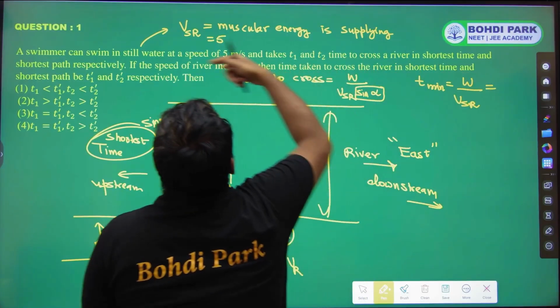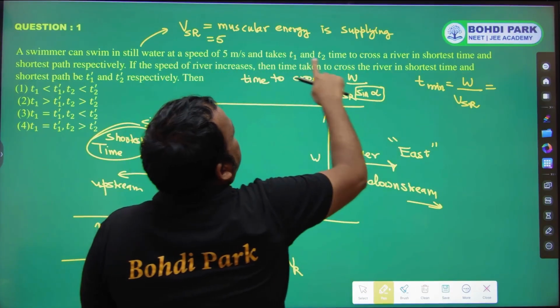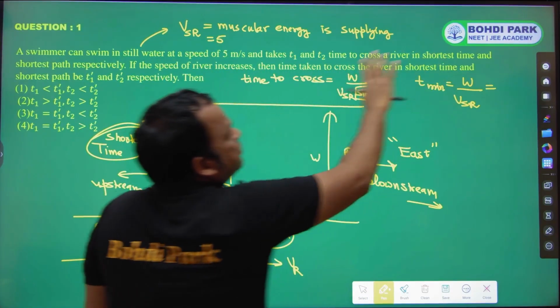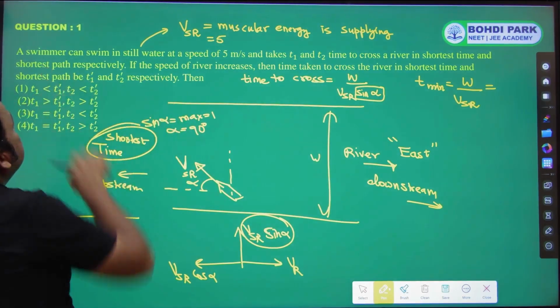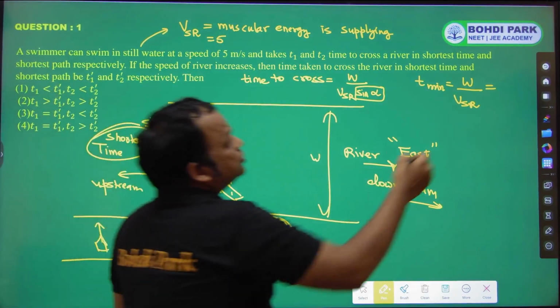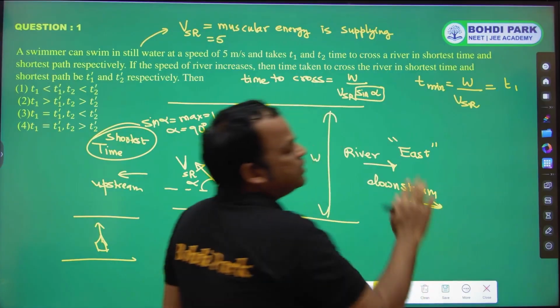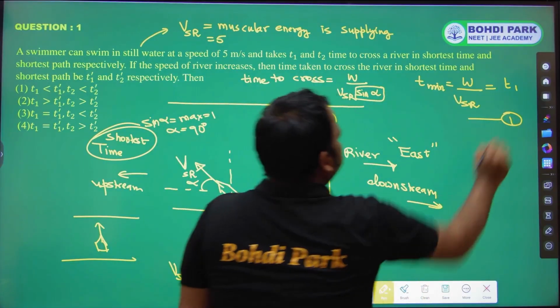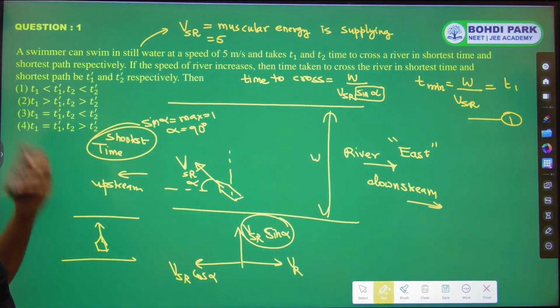This is given as T1, where T1 and T2 are the times to cross the river in shortest time and shortest path. Let's make it the first equation. This is also the direct formula.